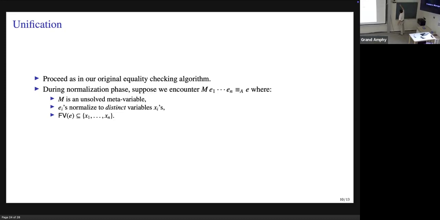Somebody asked me to show that U equals T at type A. And then what you do is you normalize A, and you look at what comes out. And if a product comes out, then you know what to do. You do something special.